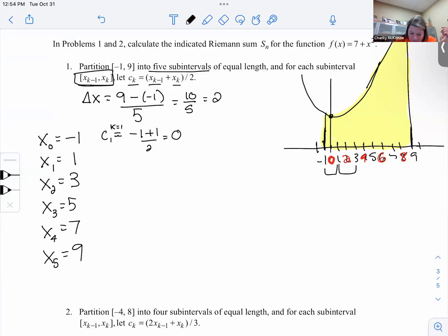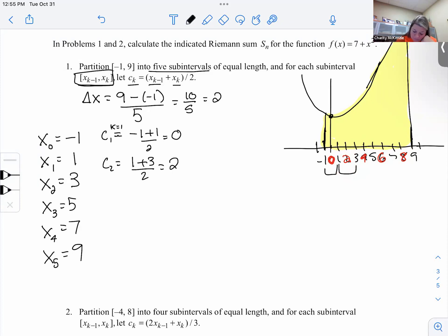Add them and divide. So our next C number would be the next two. We did -1 and 1. The next ones would be 1 and 3 divided by 2. So 4 divided by 2 is 2, which we can see is our next one over here.